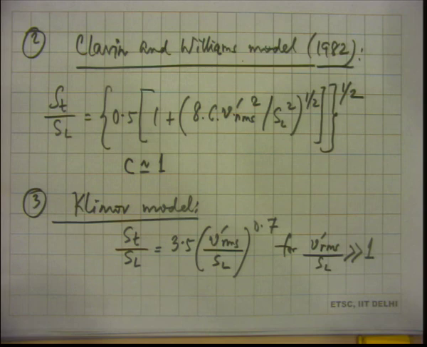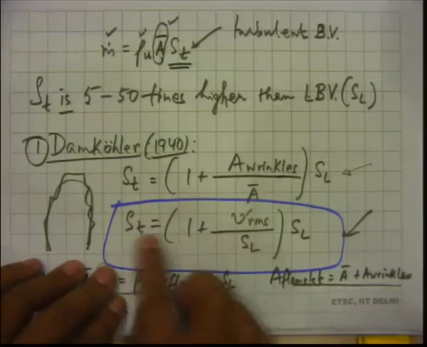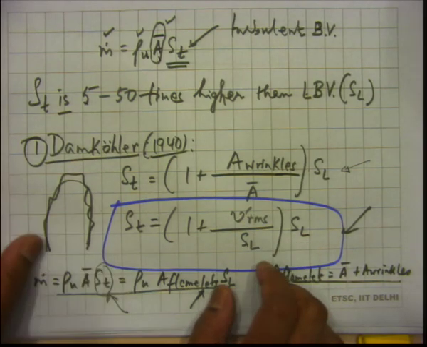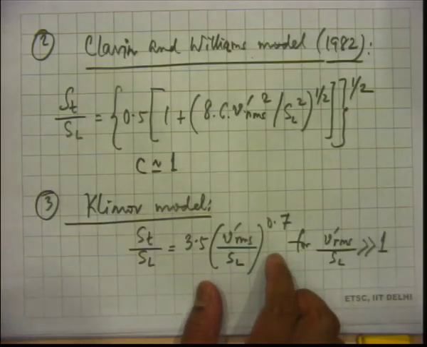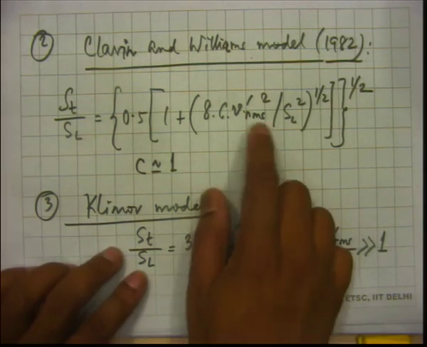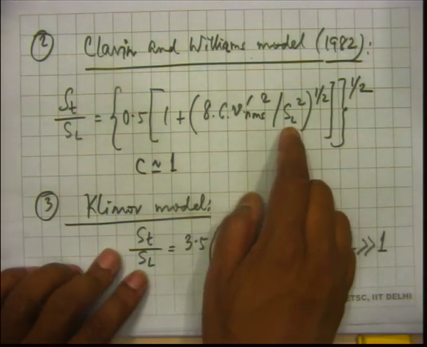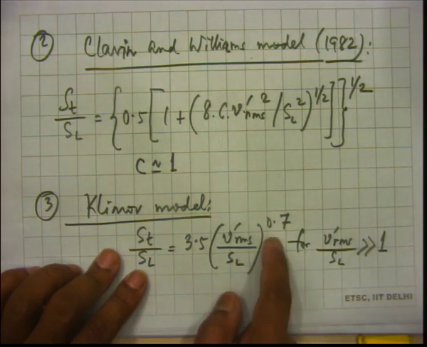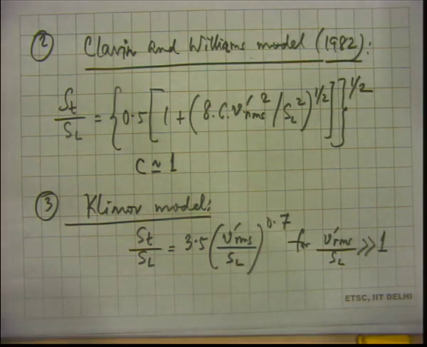Now, we can see that ST by SL in the Damkohler model goes with V prime RMS by SL, and here also it is V prime RMS by SL squared. Here it is V prime RMS by SL to the power 0.7. This is all empirical, so you can see that there is a lot of variation in the models. There are other models also. These three are not the only three models.